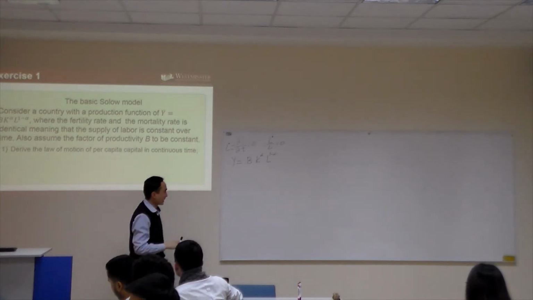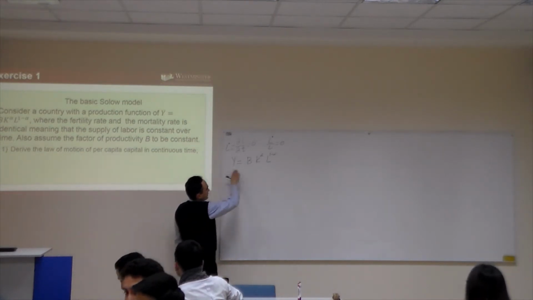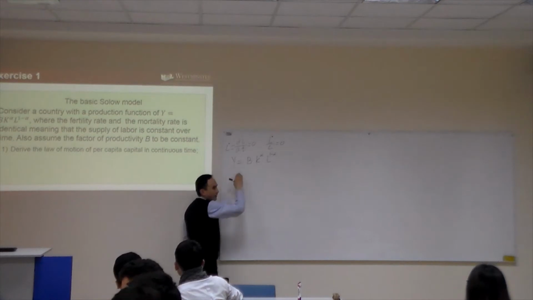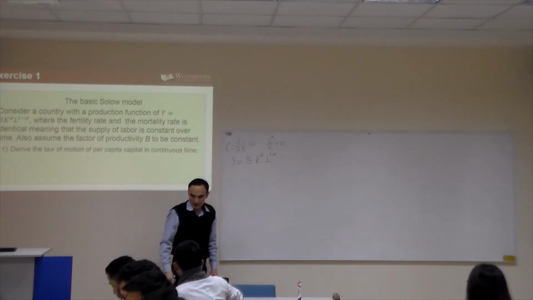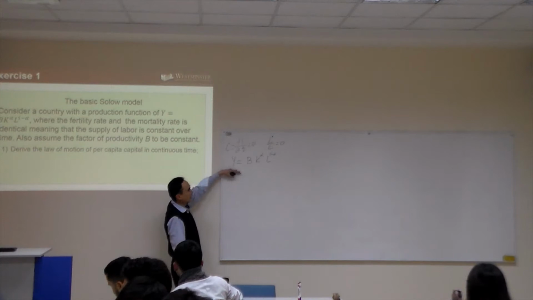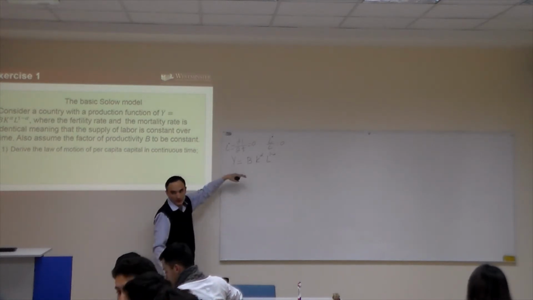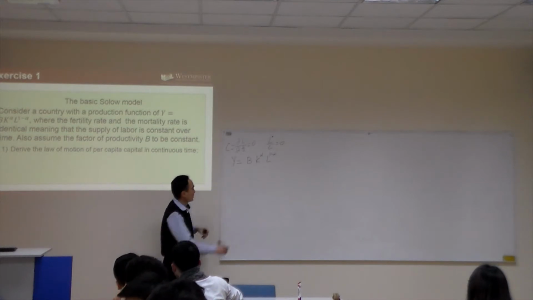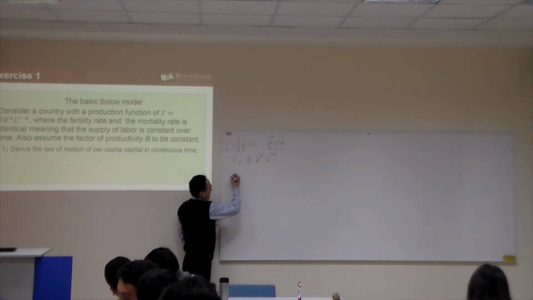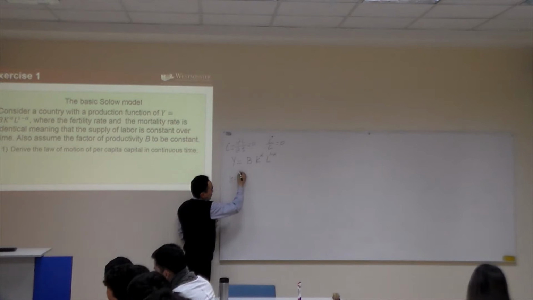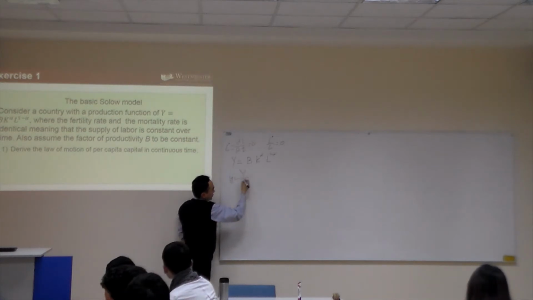In order to derive it, first of all, we have to find the per capita value of our output. In order to find it, we have to divide both sides of this equation by labor. So our per capita output is equal to total output over labor.